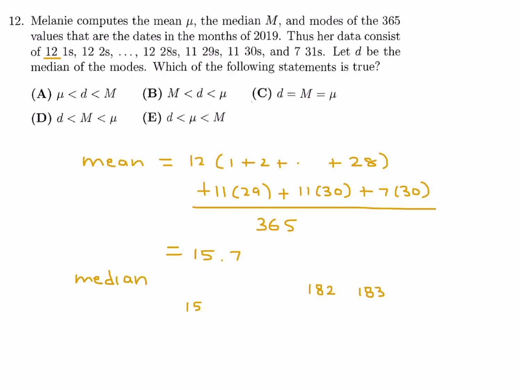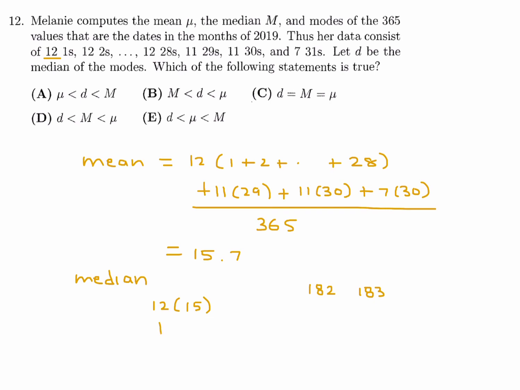So by the time you get up to 15, you will have 12 times 15 numbers. Because there was 12 ones, then 12 twos, then 12 threes, and so on up until you got to 15. So each of those first 15 numbers had 12.